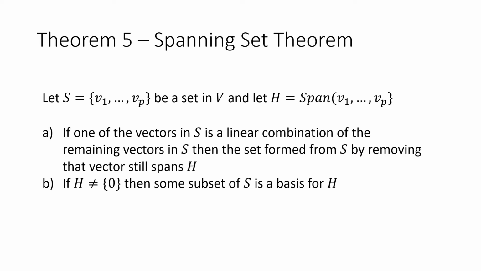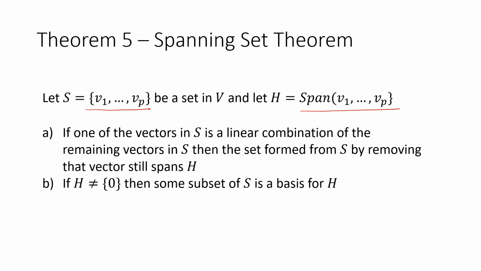But now we have theorem 5, which is the spanning set theorem. This gets at one of the key properties of a basis. So if we have a set in a vector space, and H is the span of those elements. Okay, so you have V as your big vector space, you have H as a subspace, something inside it, where H is built by picking out a number of vectors from your vector space and seeing what they span.